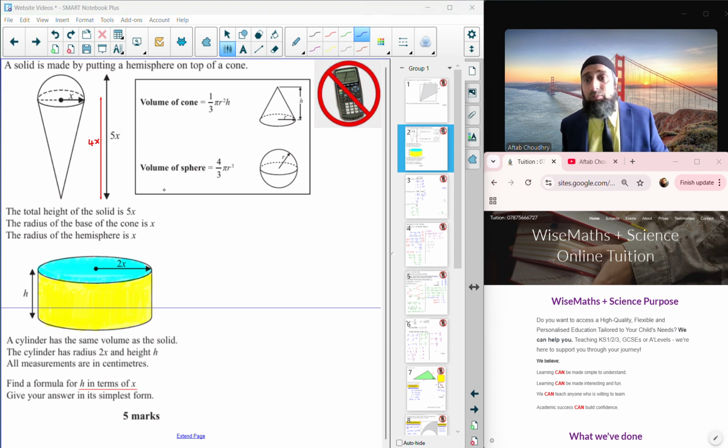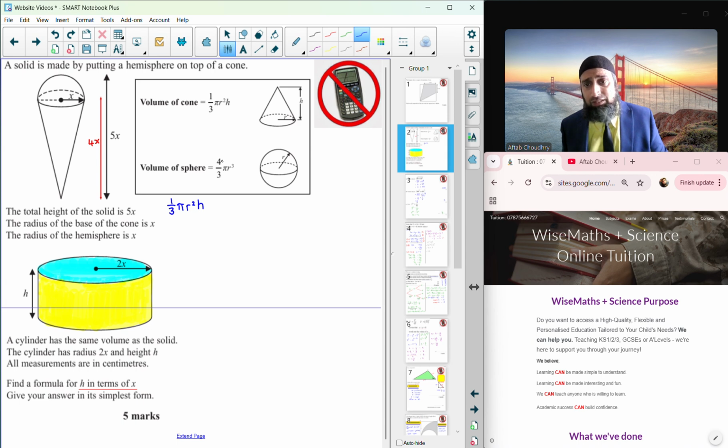The cylinder has the same volume as the solid. So let's go back over here. Let's work out the volume of the cone first. It will work out to be 1/3 pi r squared h, and then plus the volume of the hemisphere, which will be half of 4/3 pi r cubed.